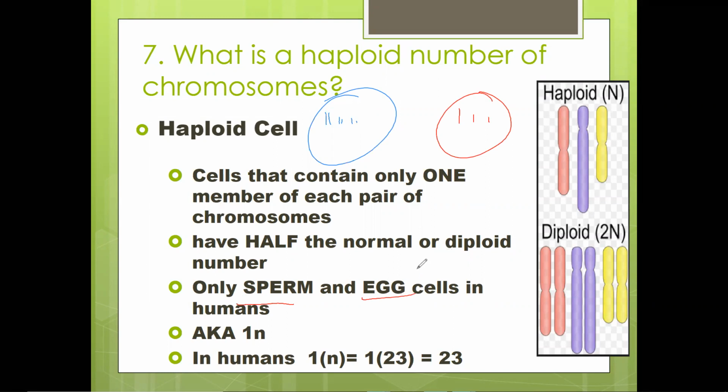The reason that they exist in that manner is because they have to. Imagine this is a little sperm cell. It's going to go meet up with an egg cell that has 1 of each as well. If both the sperm and the egg cell had a full 46 chromosomes, the child resulting would have 92 chromosomes.